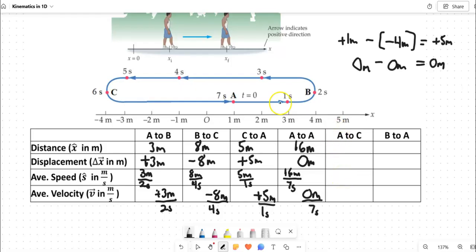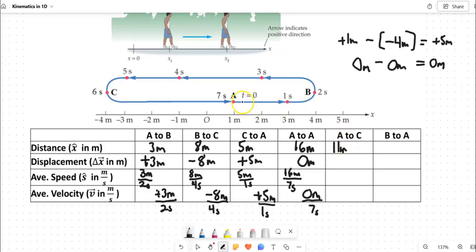Okay, we're back. So you started here, and so the distance traveled from A to C would be 1, 2, 3, 4, 5, 6, 7, 8, 9, 10, 11. So this would be 11 meters.